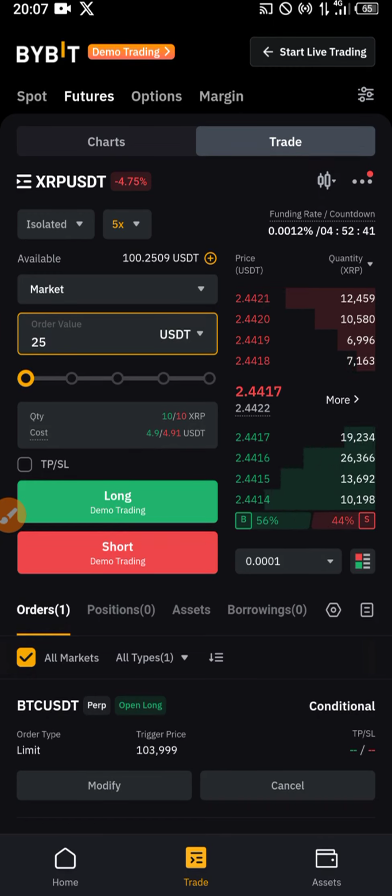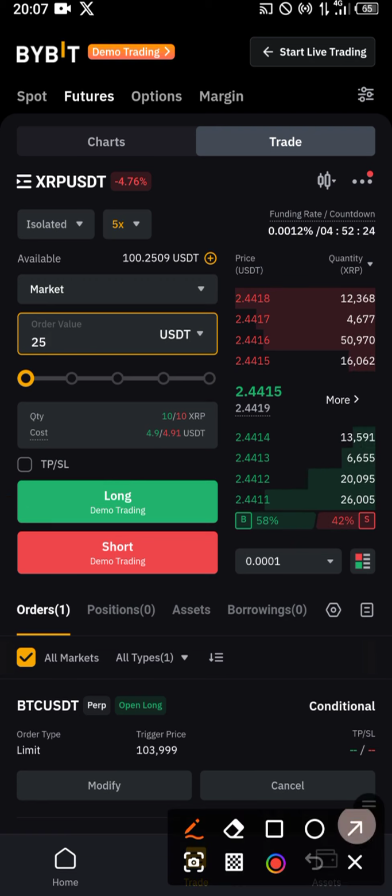For example, BTC is measured up to 8 decimal places. So when calculating quantities based on your USDT balance and leverage, the result may be rounded down slightly to ensure accuracy and avoid over leveraging. You understand? So that's why we are having slight differences in our prices here.